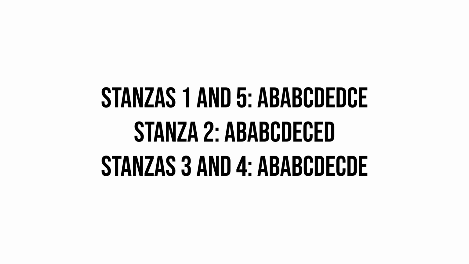Talking about the meter, it is iambic pentameter, and this ode is also called ekphrastic poetry. Ekphrastic poetry presents a vivid description of a scene or, more commonly, any artwork.